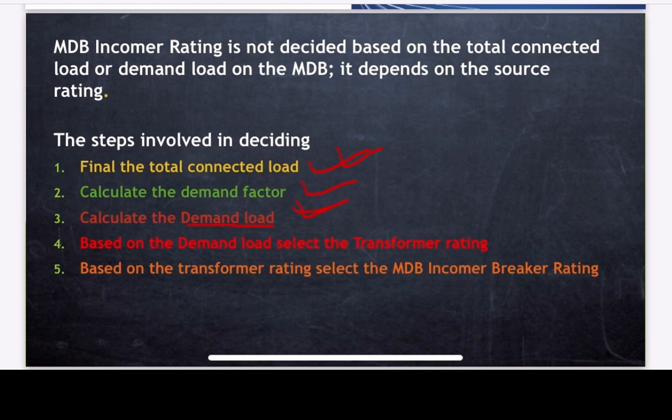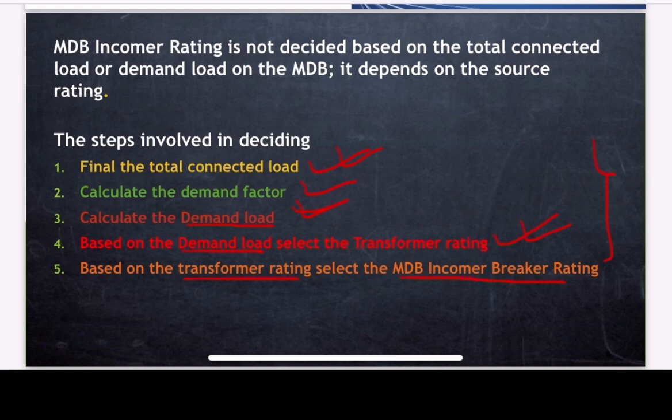The fourth step is that, based on the calculated demand load, we select the transformer rating. Based on the transformer rating, we calculate the incomer size of the MDB. So there are 5 steps involved in designing one MDB.